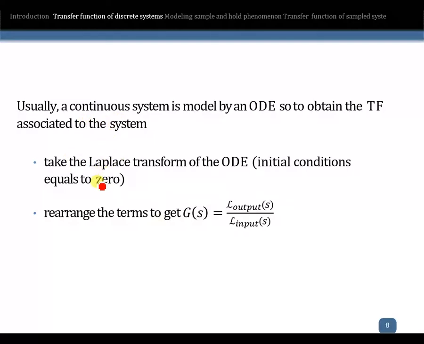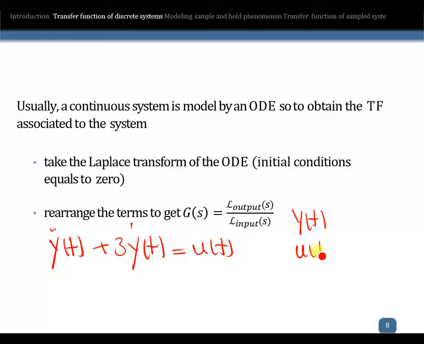Usually a continuous system is modeled by an ODE, so obtaining the transfer function is associated with the system. Take the Laplace of the equation, then rearrange and take the Laplace of the output divided by the input. This is the general thing we do. For example, if you have y dot(t) plus 3 y(t) equal to u(t), imagine y(t) is the output and u(t) is the input, and they ask for the transfer function of the system, Y(s) divided by U(s).